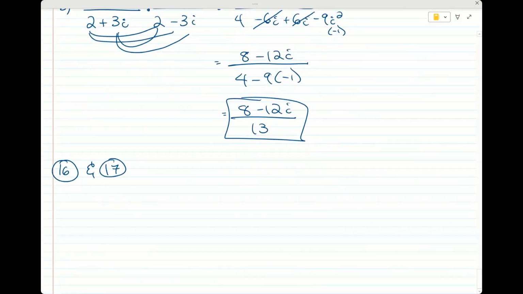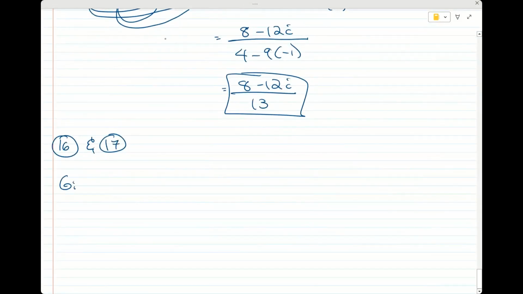It looks like this. It says given, let's use this one. I'll just make one up.